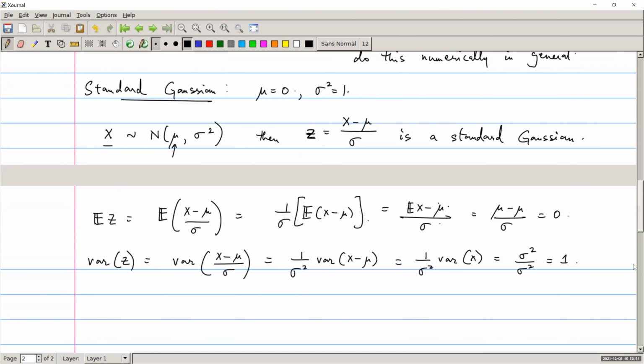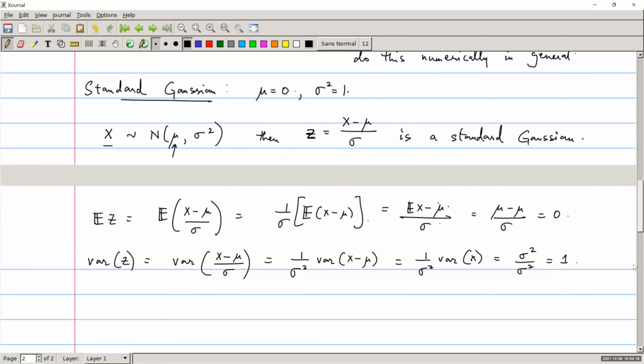So for now, we just take as a fact that if X is Gaussian with any mean mu and any variance sigma squared, then there's a way to normalize X, by subtracting out the mean and dividing by the standard deviation, so that you get a standard Gaussian, that is mean 0 and variance 1.